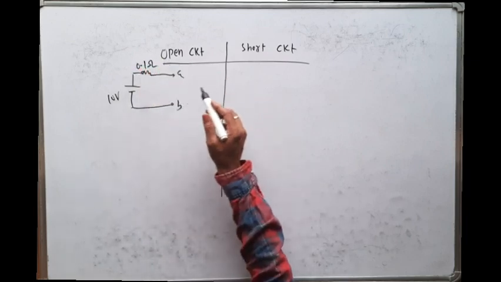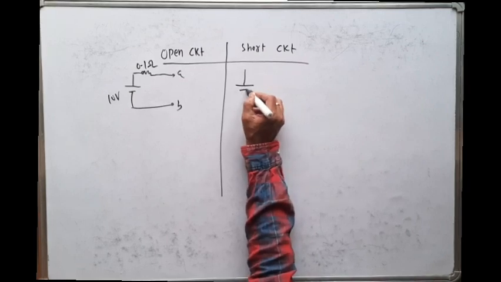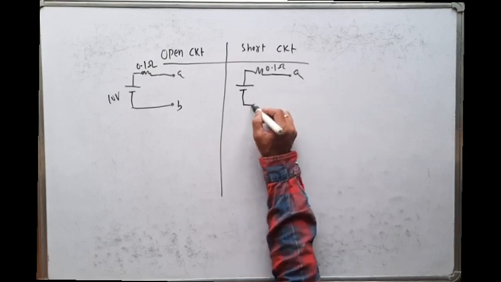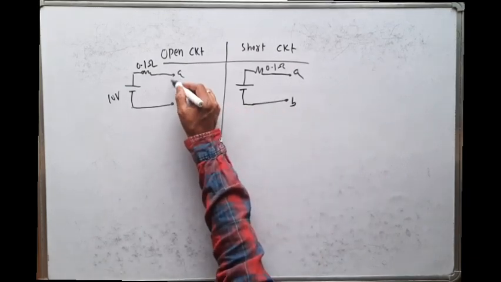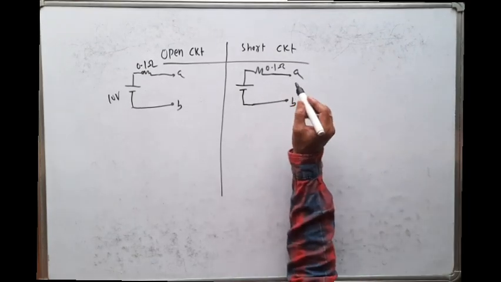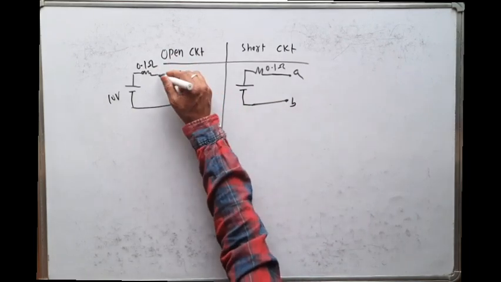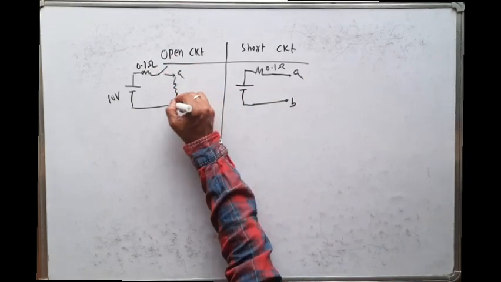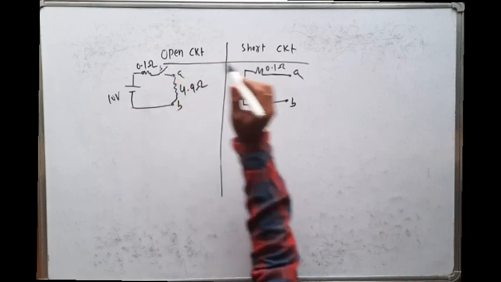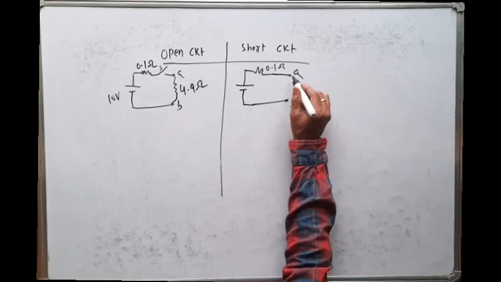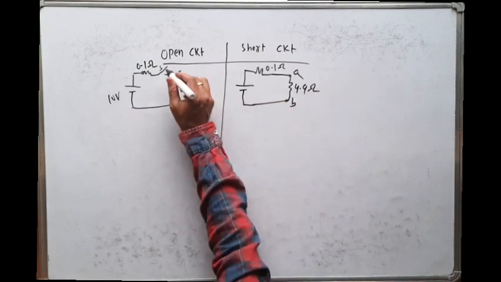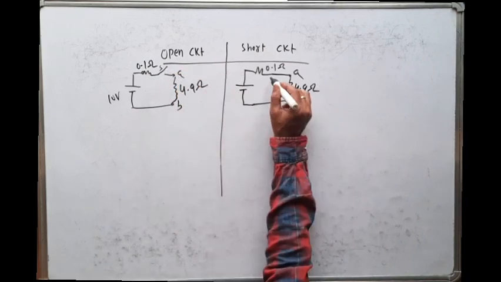And here is the same circuit, with 0.1 ohm, terminal A and terminal B. Here the AB terminal is open, but here I will connect a switch, and this is your load resistance. The load resistance is 4.9 ohm. So AB was connected to 4.9 ohm. The circuit is the same. Here the switch is open, here the switch is closed.